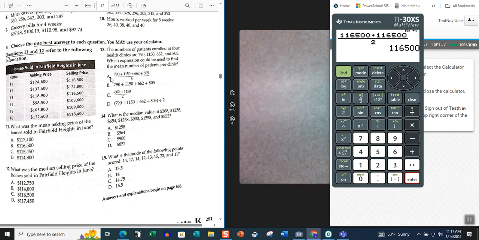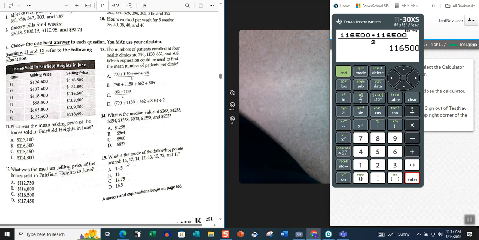Okay, now we go to problem 14. It says, what is the median value? And they give you these numbers here. But let's skip down to problem 15. It says, what is the mode of the following points scored? If you look here, you have 14 appeared twice. Let's see if anything else appeared twice or more.